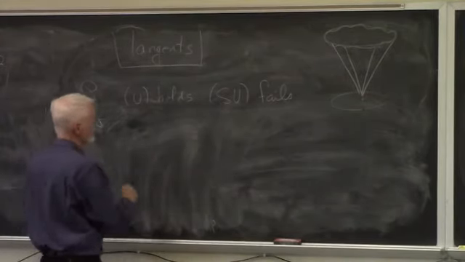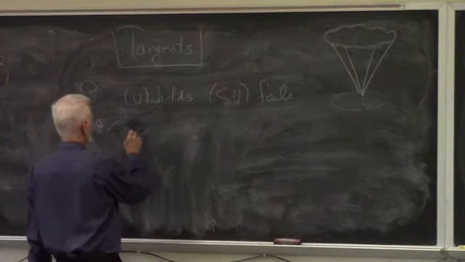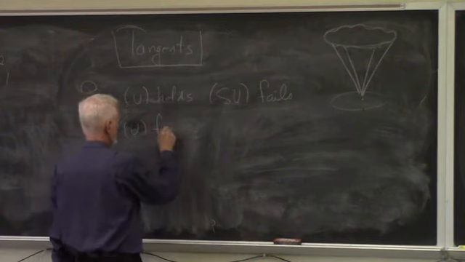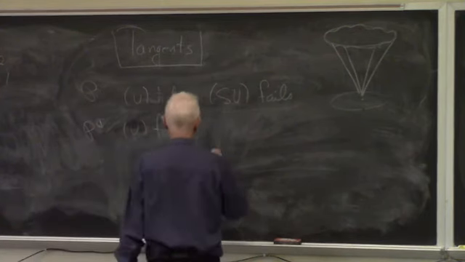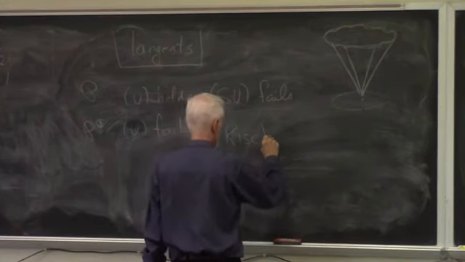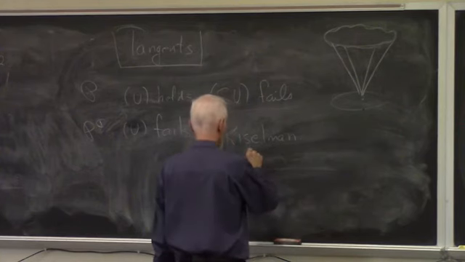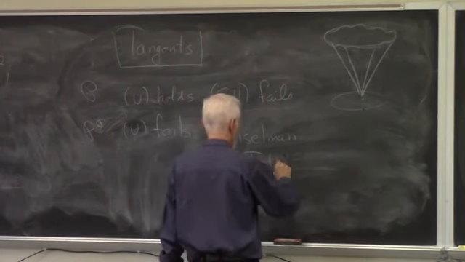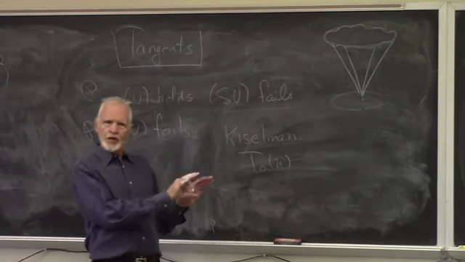Now, if you look at the plurisubharmonic case, it's even worse. It turns out that uniqueness fails. And in fact, it goes back to work of Kiselman that he characterized exactly what these sets could be. He put down 4 or 5 defining properties.